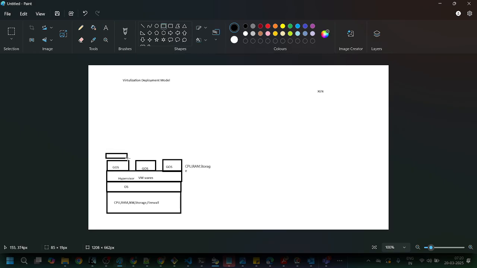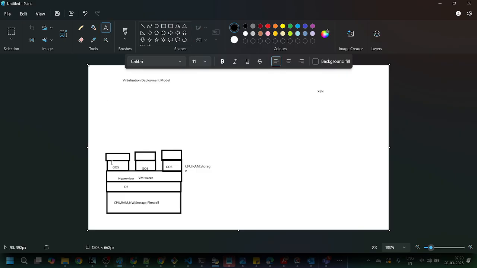On top of that, we install our dependencies and our software, whether it is Windows OS or Linux. We install our software or libraries on top of the guest OS.